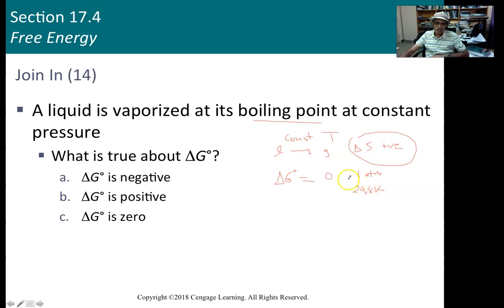So under standard conditions, this is going to be delta G naught. So what is true about delta G naught for boiling? The answer there is delta G naught is 0. So under any equilibrium, this delta G value should be 0.